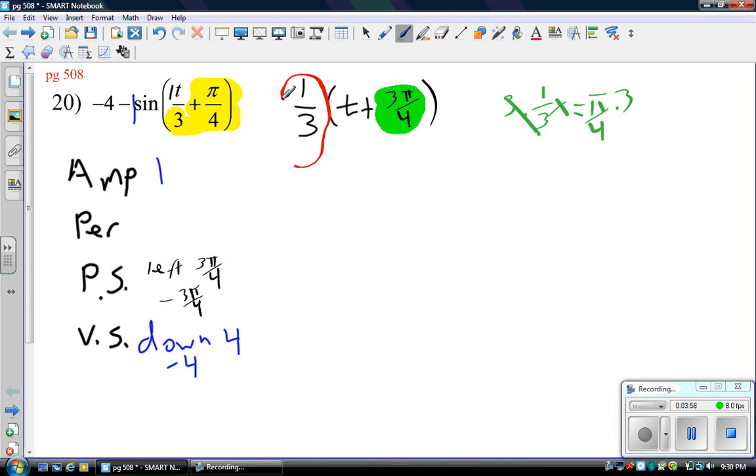You take the normal period of sine, which is 2 pi, and you divide by that number. Again, that would of course mean multiplied by the reciprocal, 2 pi times 3 over 1, 6 pi. Didn't have to graph anything, so this one is done. There's all our stuff. Again, the key is factoring that 1/3 out of the fraction.